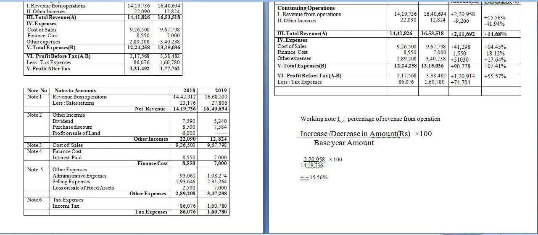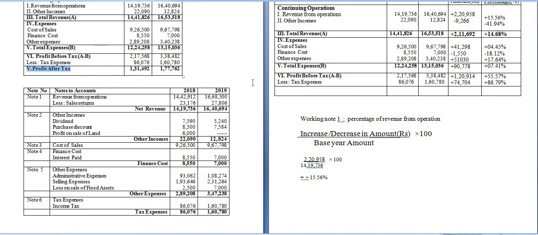What is the base year amount? 86,076 rupees into 100 is equal to how much percentage? 86.79 percentage. Over.